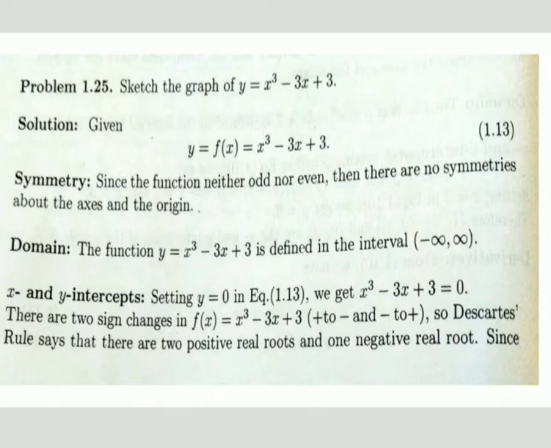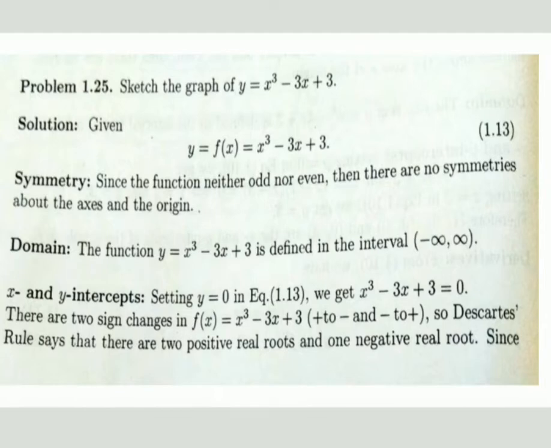See, there are two sign changes here. Why? Because observe that x cube minus 3x plus 3: first x cube is positive, minus 3x is negative, and plus 3 is again positive. So plus, minus, minus, plus: plus to minus and minus to plus. So Descartes' rule says that there are two positive real roots and one negative real root.